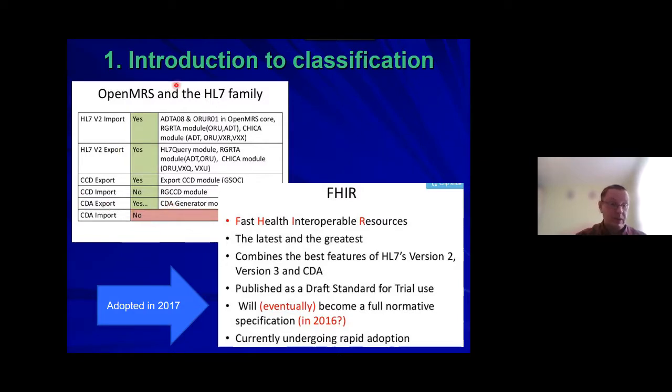This slide was prepared about 1.5 years ago. The major change that has happened is that they adopted FHIR, and now they allow import of FHIR packages too. In a similar way, another popular open source medical information system, OpenEMR, now also supports FHIR.